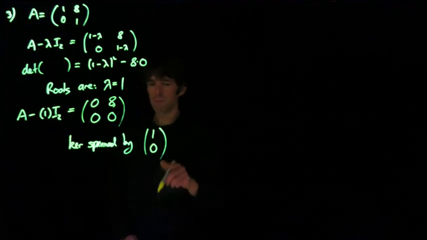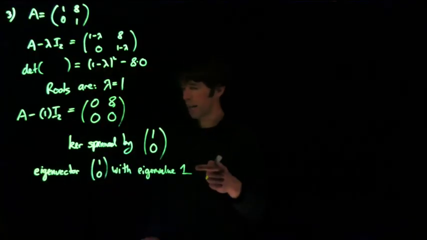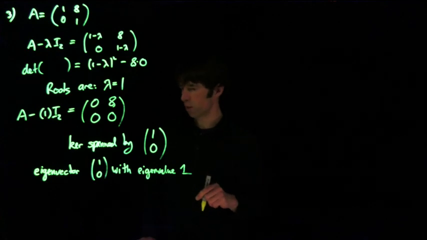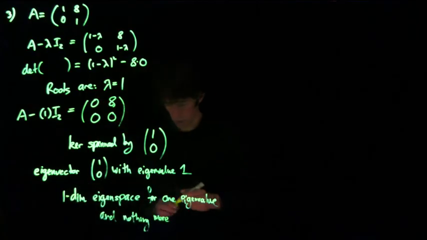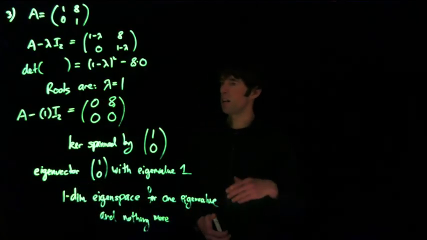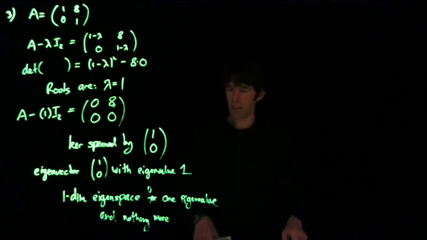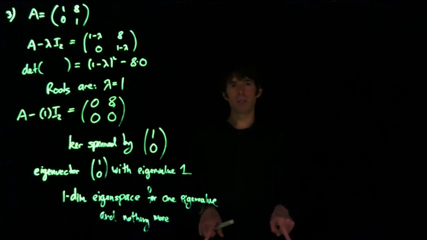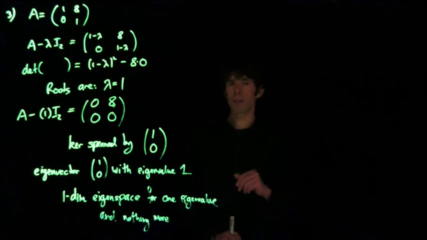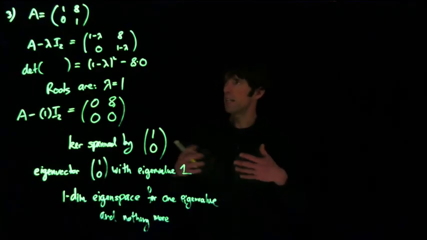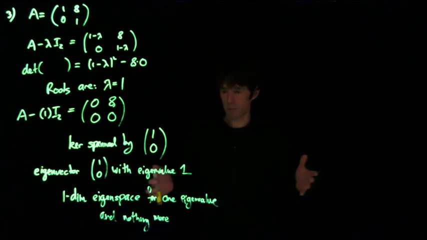So we've found one eigenvector with eigenvalue 1, but we can't find any more. So now we have one eigenvalue and a 1-dimensional eigenspace. In the first two examples, we saw that we could find a basis of eigenvectors. Either we had 2 eigenvectors with distinct eigenvalues, or we had one eigenvalue with a 2-dimensional eigenspace, and since we're in R2, that has to be the whole thing.